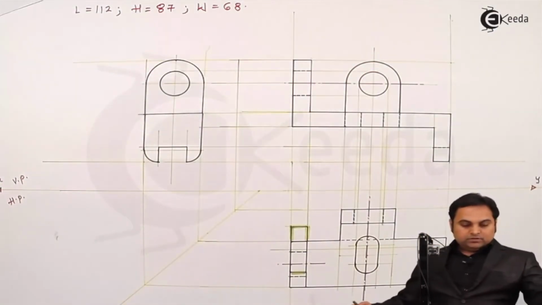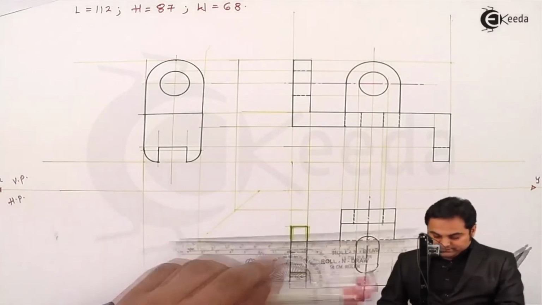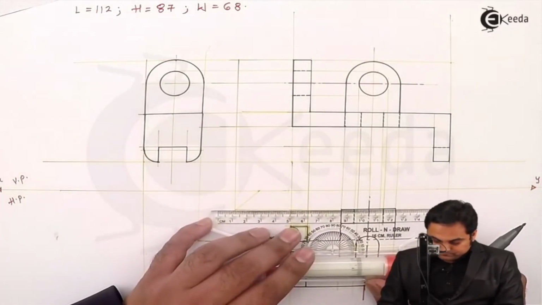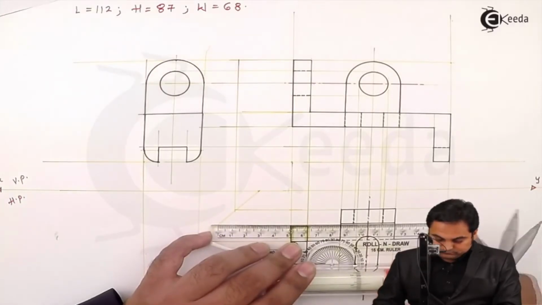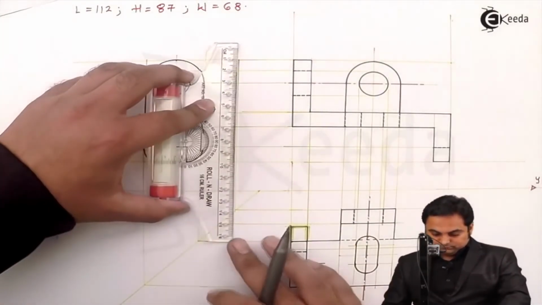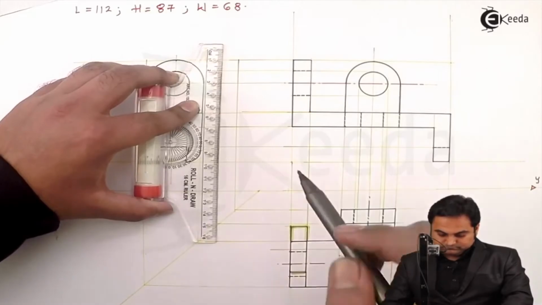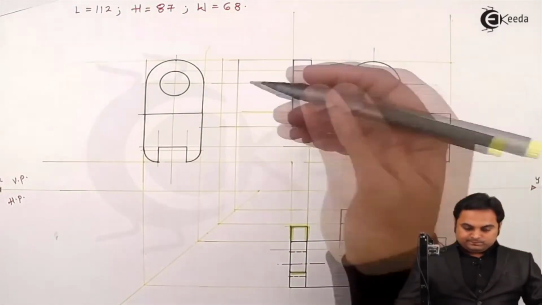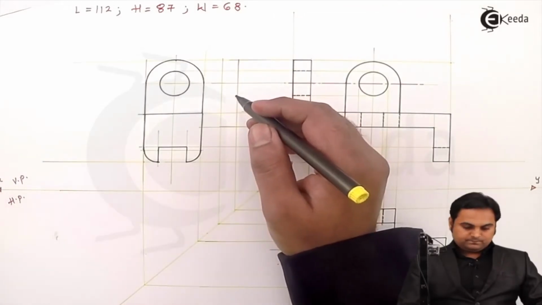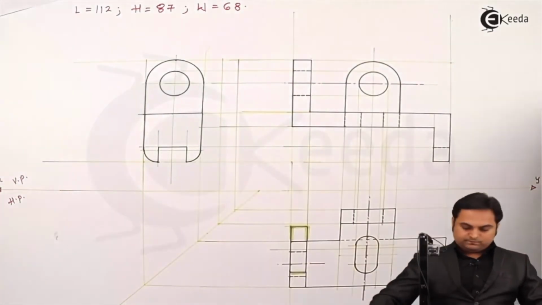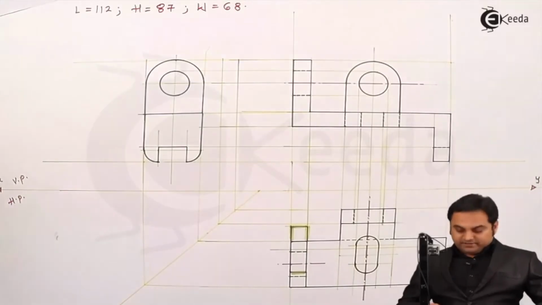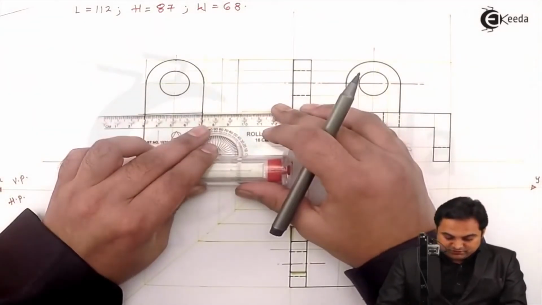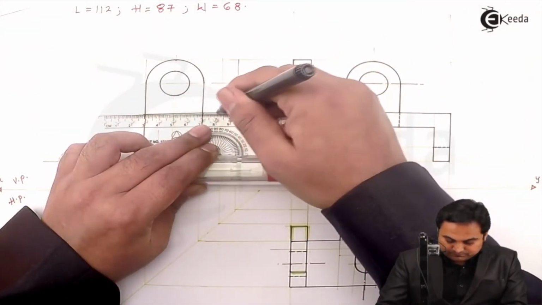Then the width is 12 mm, I can get it from the top view. So I'll be making dark that surface which is visible.